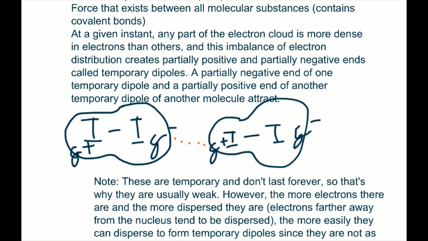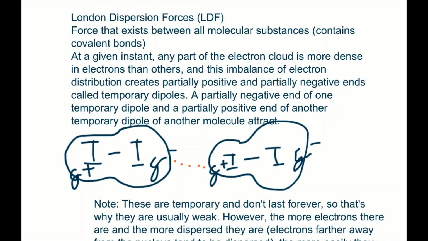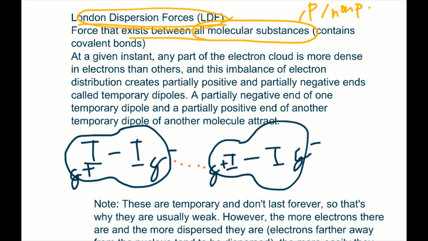The first force we will look at is the London dispersion forces, or LDF. This is a force that exists between all molecular substances, and by that I mean both polar and non-polar. So basically all molecular substances display London dispersion forces.